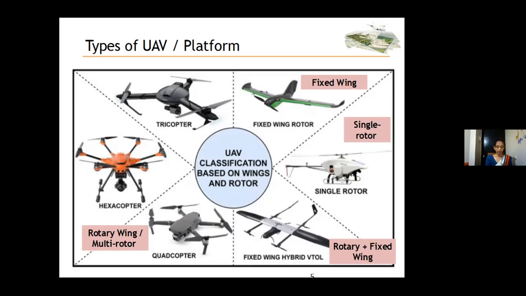While a multiple rotor has many different rotors to hold it up, a single rotor has just one. So you can see the next type of drone, that is a single rotor drone. It has one rotor plus a tail rotor to control its heading.